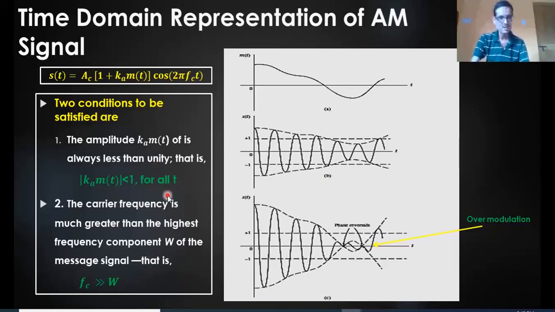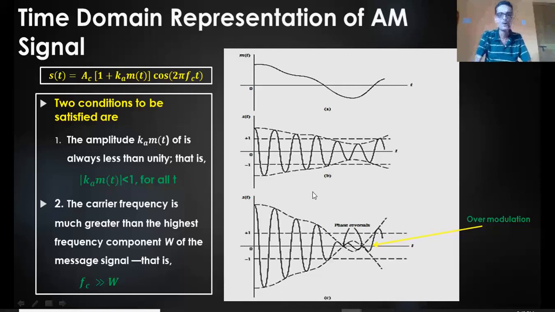Now, if Ka-M of t is not less than 1 but more than 1, we get over modulation. We get over modulation when the amplitude of the message signal, AM, is more than the amplitude of the carrier signal, AC, and in that case the modulation index is more than 1. It is not 100% modulation but more than 100% modulation.